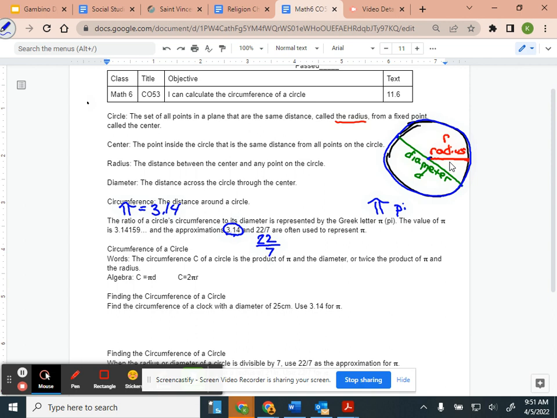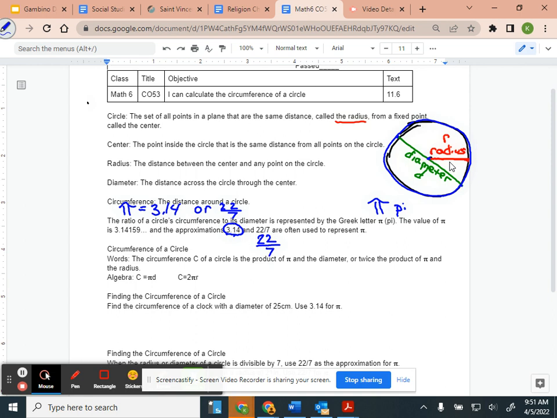So if we did 22 divided by 7, you would get the same number. So pi is either 3.14 or if you're going to do it with a fraction, you would say 22/7. And we're going to go through when we would use 3.14 and when we would use the fraction.